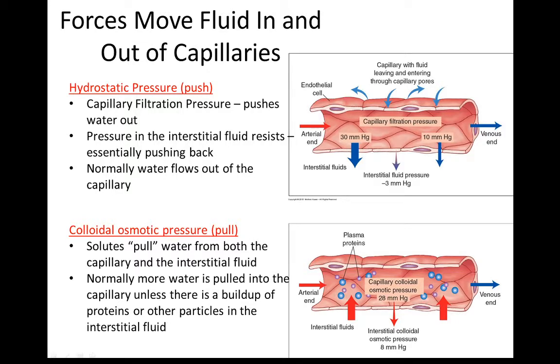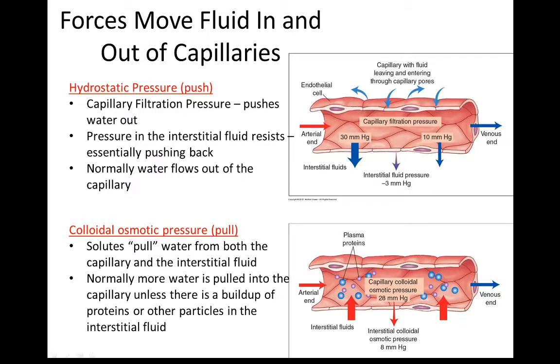The second type of pressure is the colloid osmotic pressure, and you can think of this as the pulling force. Solutes, which are particles or plasma proteins in this case dissolved in water, will pull water from both the capillary and from the interstitial fluid.